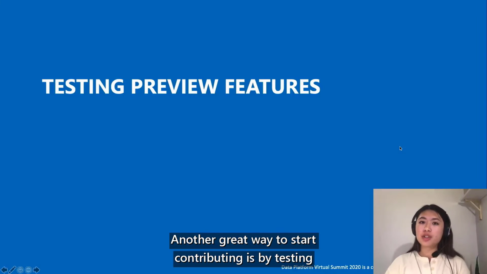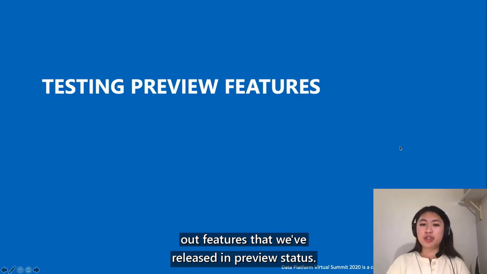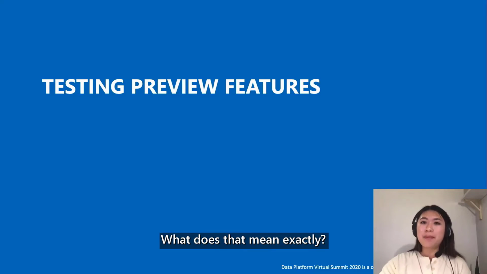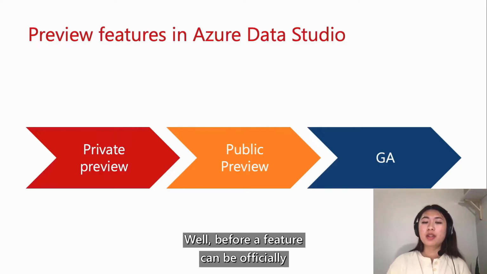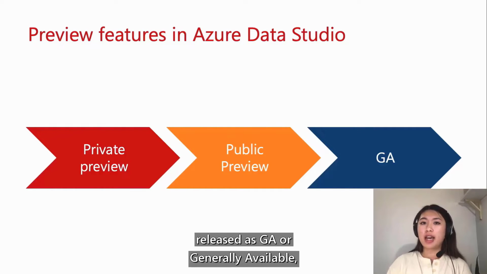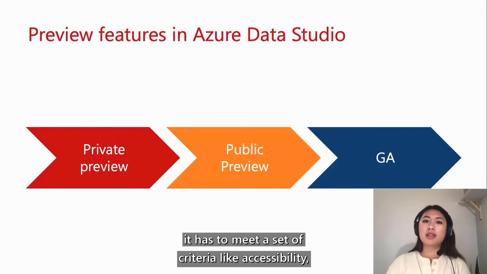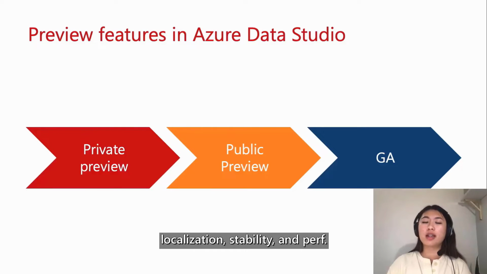Another great way to start contributing is by testing out features that we've released in preview status. So what does that mean exactly? Well, before a feature can be officially released as GA, or generally available, it has to meet a set of criteria like accessibility, localization, stability and perf.